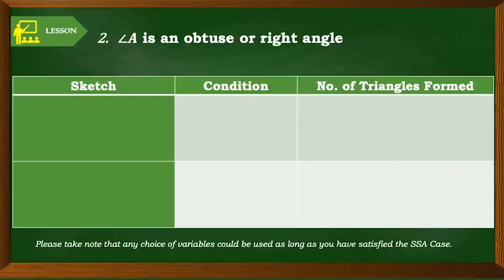Second case is angle A is an obtuse or right angle. So this is the first illustration. If angle A is an obtuse angle and its opposite side a is greater than an adjacent side b, then there is one triangle formed.